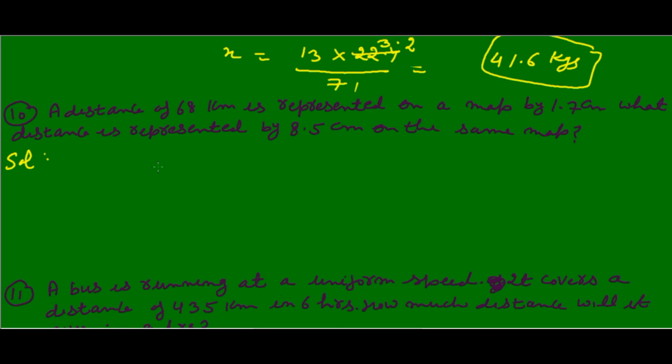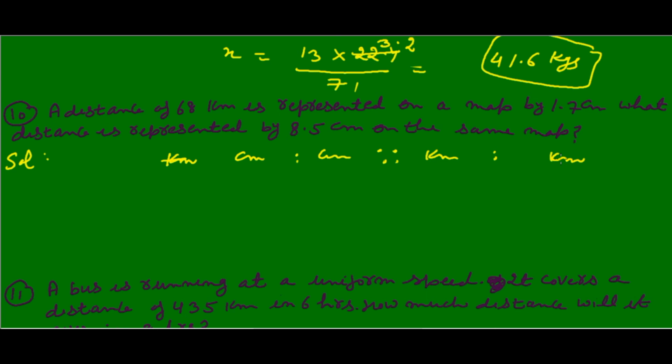But its units are different on map and different on ground. Sorry, here centimeter is two times, so we will set centimeter here. Centimeter ratio centimeter, proportion kilometer ratio kilometer, right?